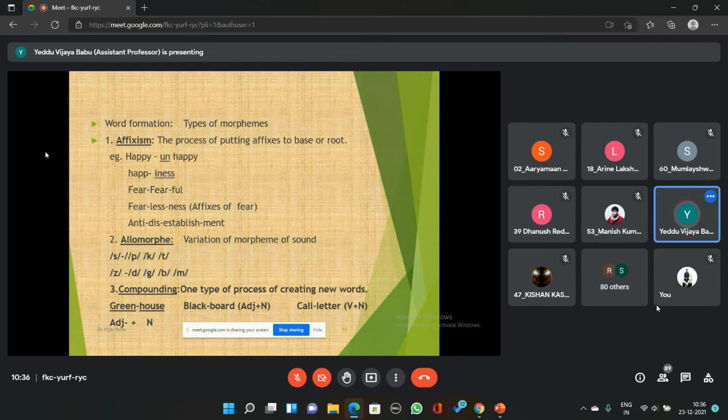The second form is called allomorph. What is an allomorph? When we find variations in sound, that is the phonological aspect, the scientific study of sound patterns. The letters I am pointing to with the cursor are called sa, pa, ka, ta, but we should not say that. They are S, P, K, T. These represent sounds.